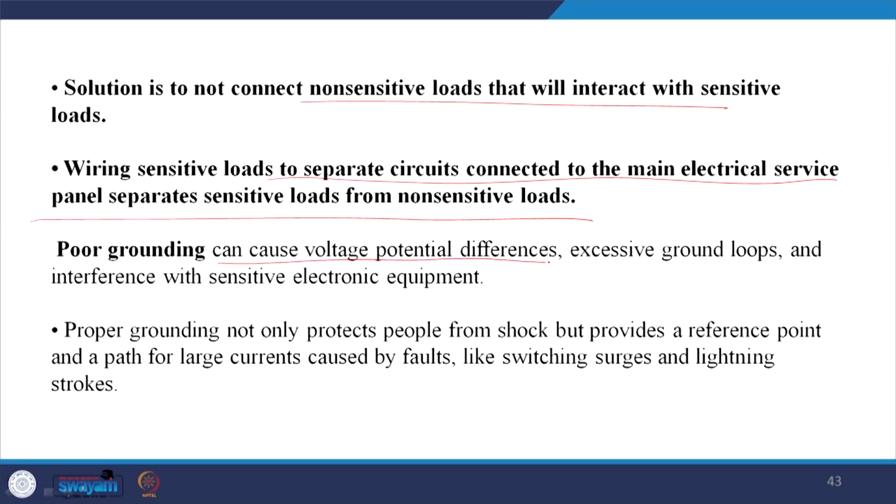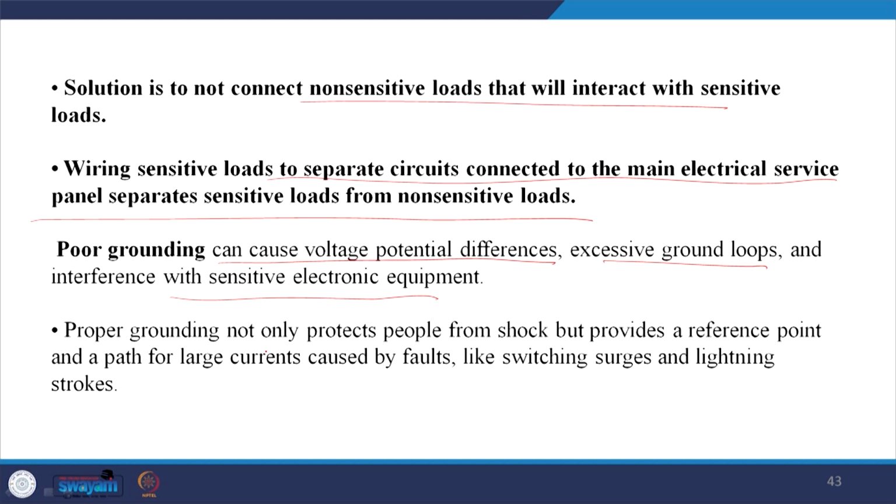Poor grounding can cause voltage and potential differences, excessive ground loops and interference, and it can interfere with sensitive electronic equipment, mostly the sound system.